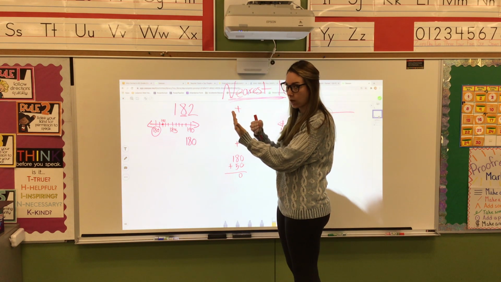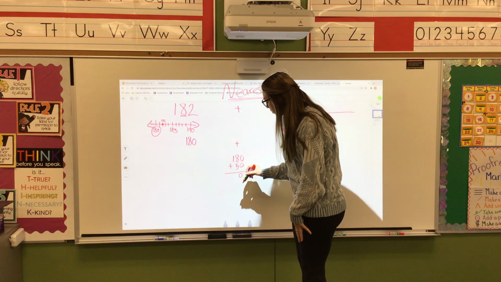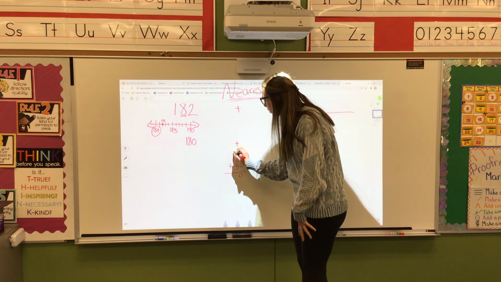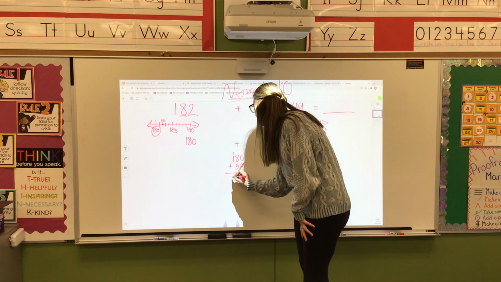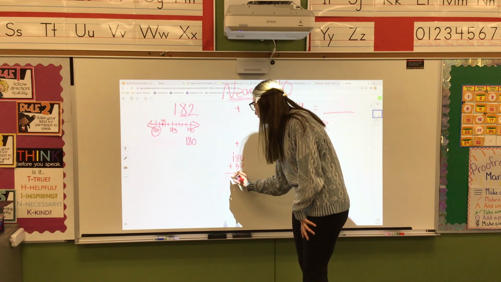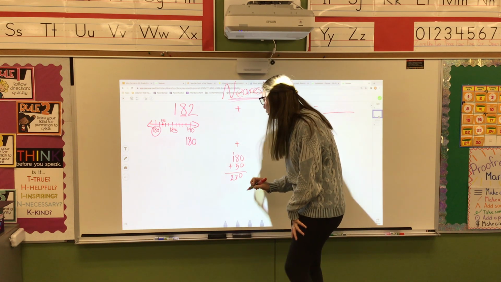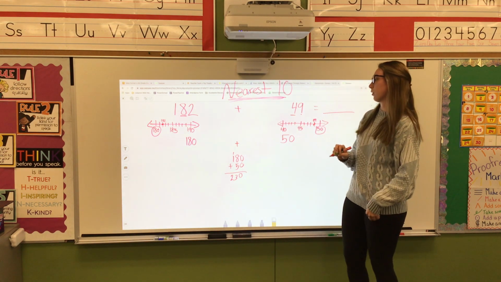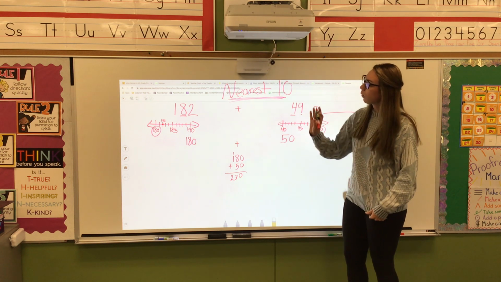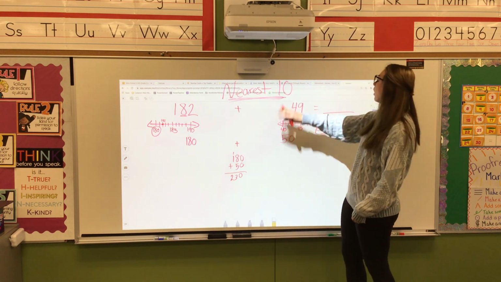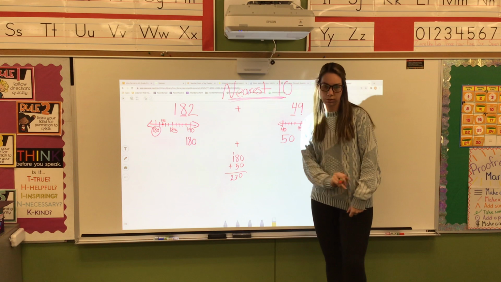That's how it works. We talked about this all last week when we were doing rounding, guys. So again, my ones are zeros. What's 5 plus 8? Good, 13. What's 1 plus 1? 230. We're saying that 180 plus 50 equals 230.